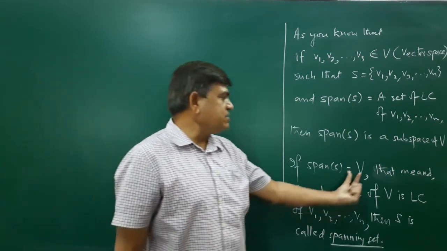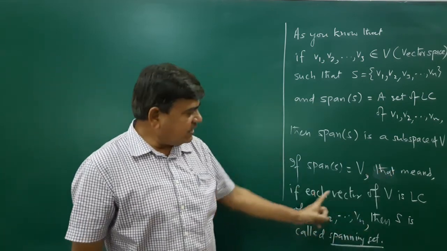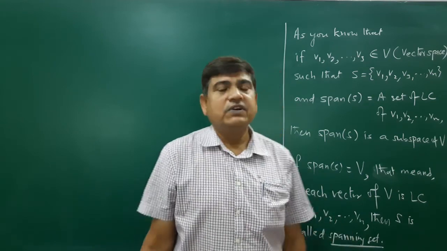If a span of this is V, that means each vector of V is a linear combination of all these.